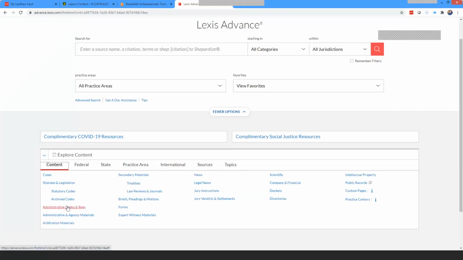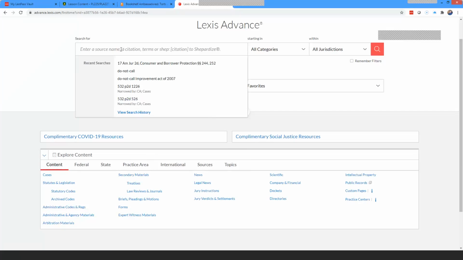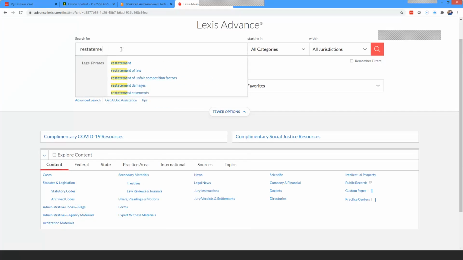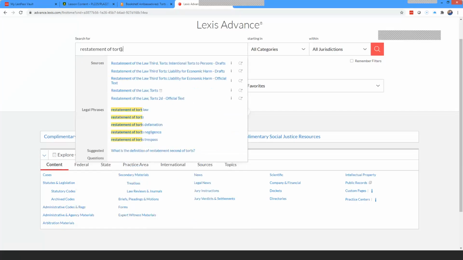I'm not sure if this is in codes or not. I'm going to type it up here, restatement of torts. We're going to look at restatement of the law torts second.